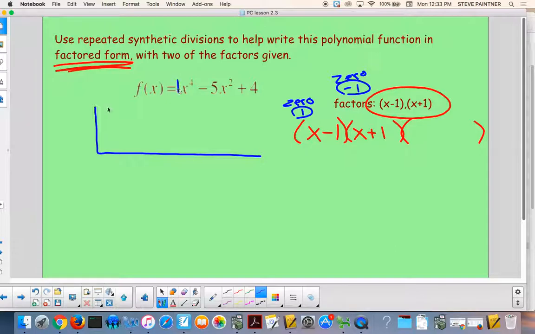So if that's what you've been given, then take synthetic and help yourself out. Coefficients are 1, 0, 0, negative 5. Okay, and let's just start here. If that's the 0, let's put the 1 out here and just work it out. 0. Multiply.